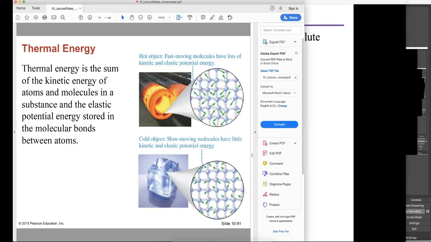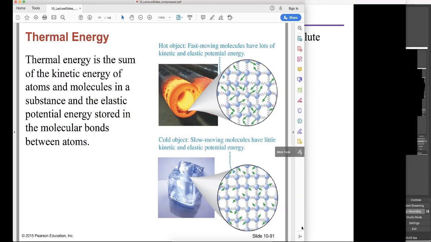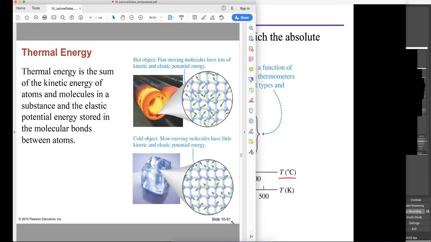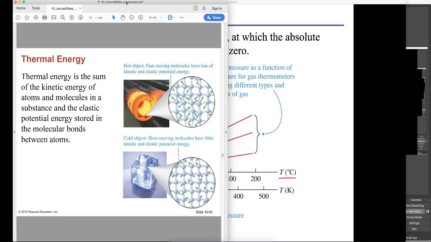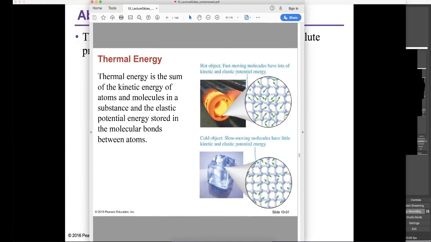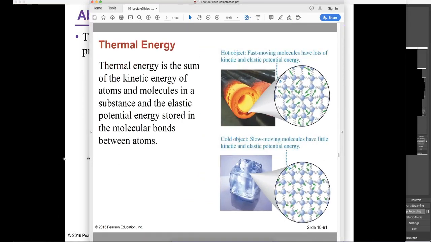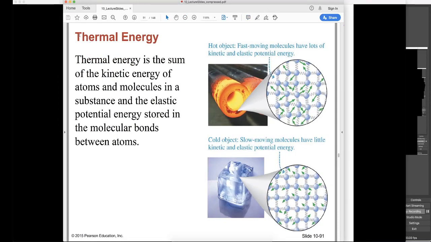Do you remember we explained energy in the previous preparation lectures? Now let me show it one more time. Do you remember these slides we have learned before? This is the thermal energy of objects.